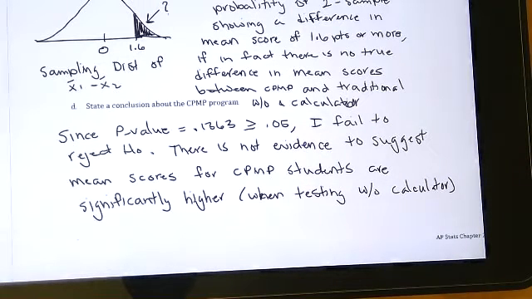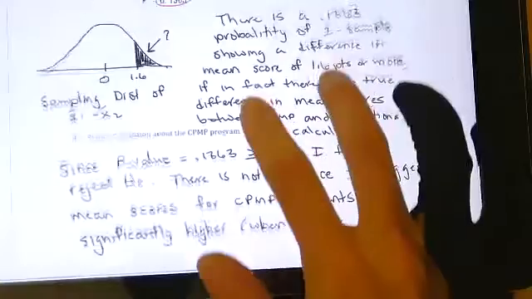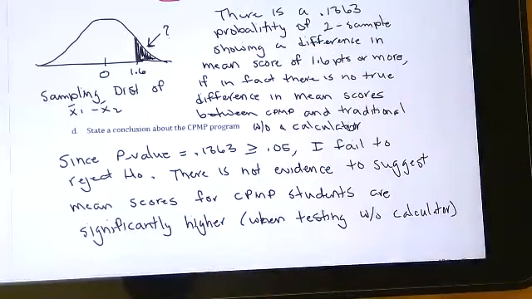So that would kind of be the overall conclusion here. If you were an educator looking at these two different curriculums, that's kind of what we would see. And again, the caveat is they only tested these particular schools, so we can only generalize towards schools that are similar to these.